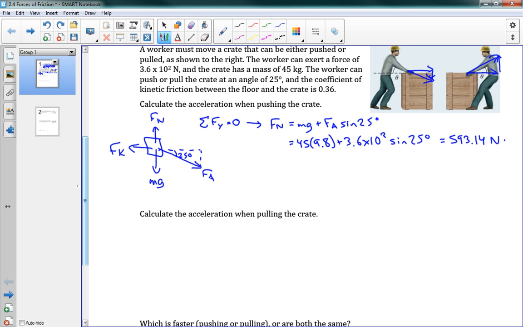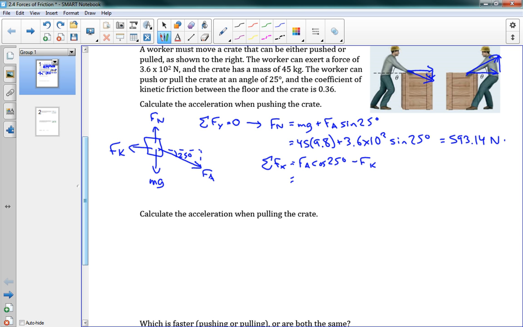Now I can also make a statement about my net X force. I can say that the net X force is equal to all the ones to the right. So we've got here Fa cosine 25 degrees, and then all the forces to the left, so minus Fk.